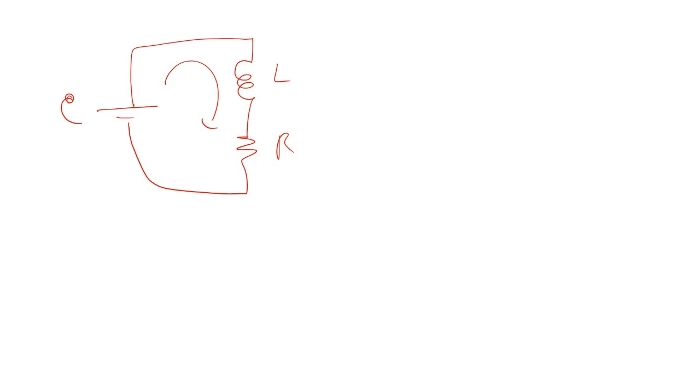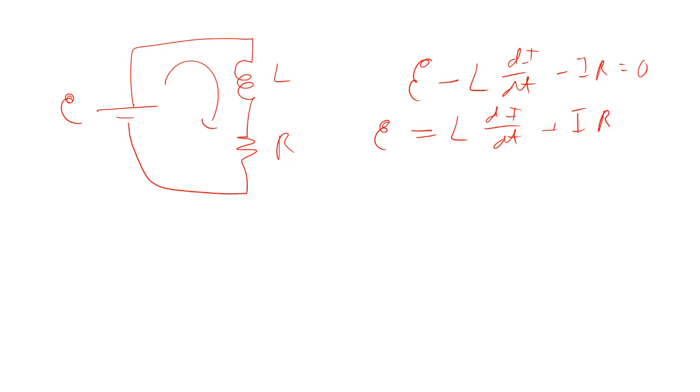And so Kirchhoff's rule here: EMF minus L di dt minus IR equals 0. Okay, so if we move things to the other side of the equation, this is going to be equal to L di dt plus IR.